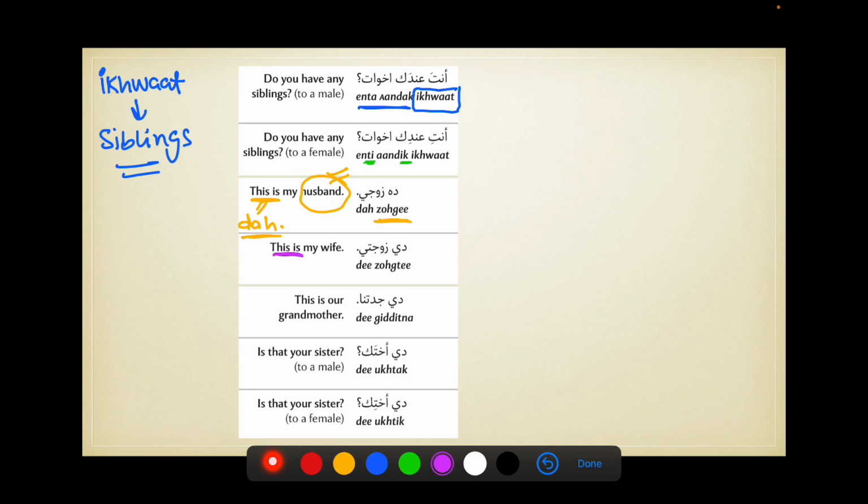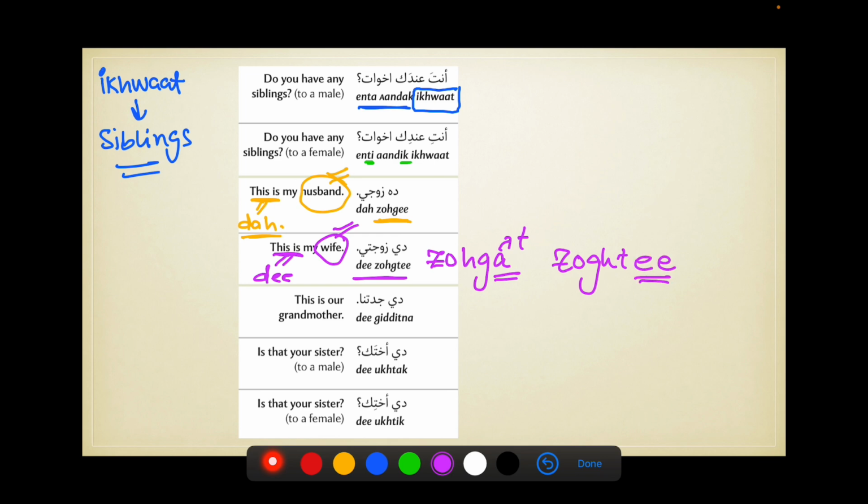For this is, we will use here di, because we are talking about a feminine noun here. So it will be zogti. We know for wife, we have a word zoga, but we will replace this a with t and write zogt. And for my, we will add this i. So it will be my wife, zogti.